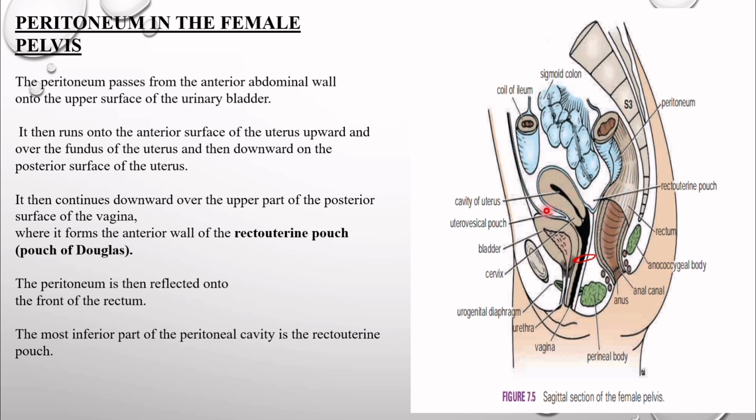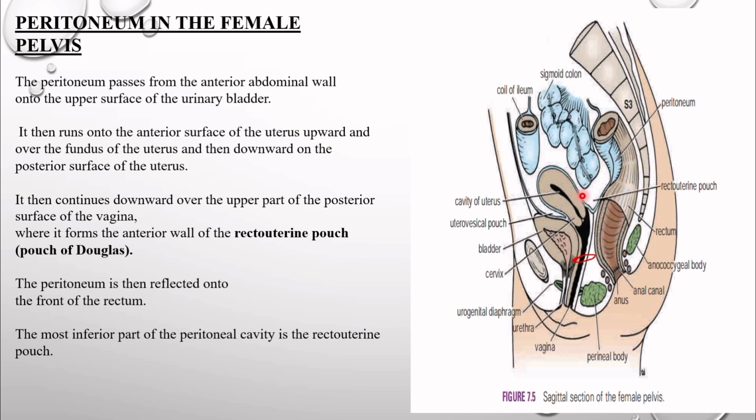So we see that there are potential spaces here. We have the space between the bladder and the uterus called the uterovesical pouch. Then we have the space between the uterus and the rectum called the rectouterine pouch.